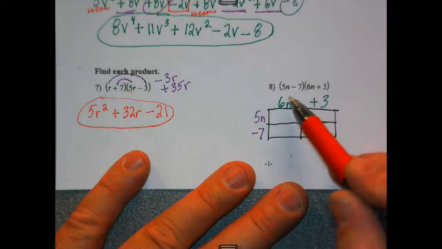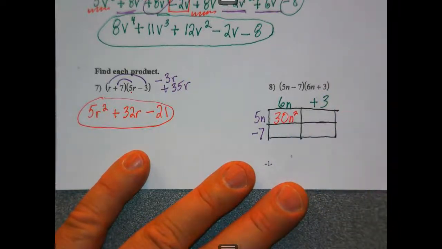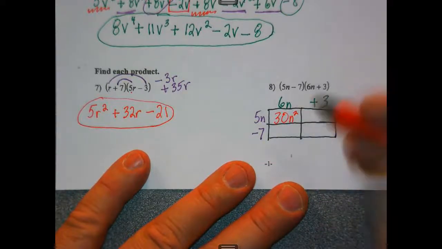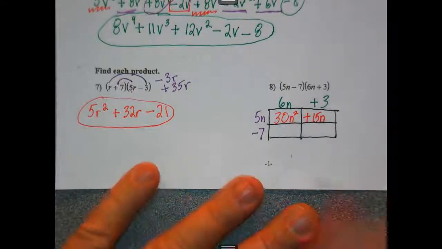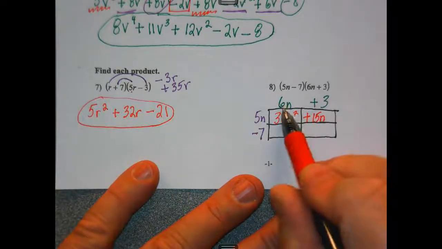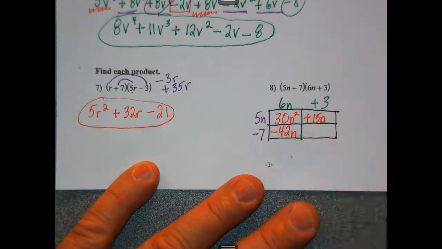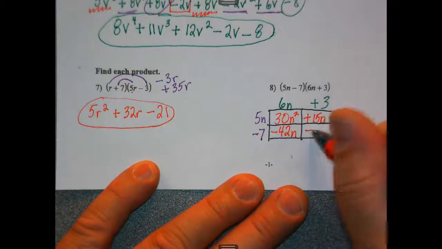5n times 6n is 30n squared. 5n times plus 3 is plus 15n. Negative 7 times 6n is negative 42n. Negative 7 times positive 3 is negative 21.